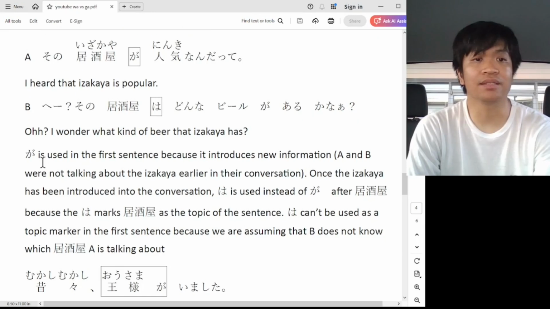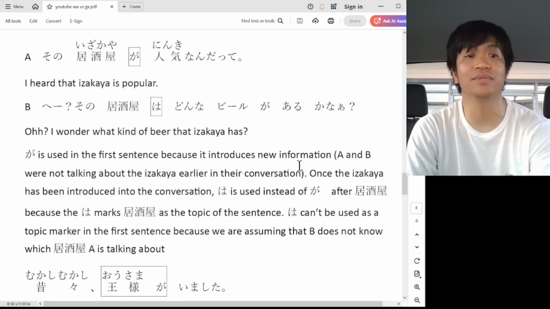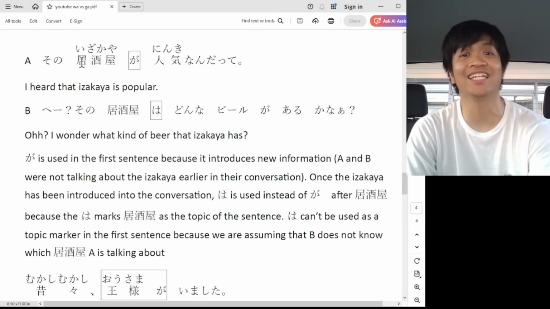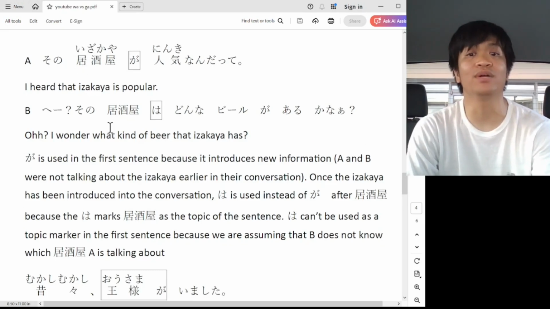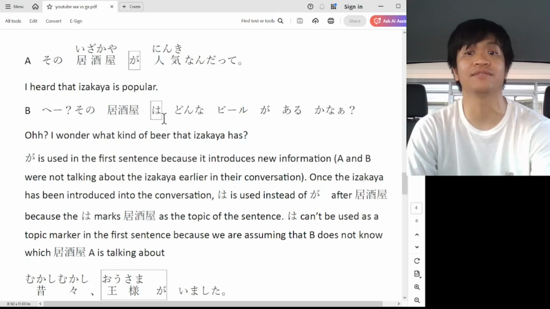Alright, so here the ga is used in the first sentence because it introduces new information. A and B were not talking about the izakaya earlier in the conversation. So this ga introduces the izakaya into the conversation. And then once the izakaya has been introduced into the conversation, wa is used instead of ga.